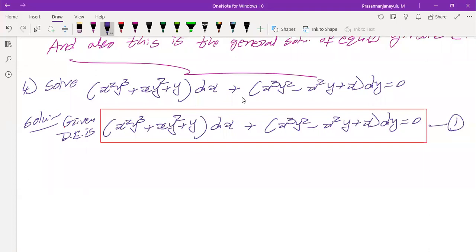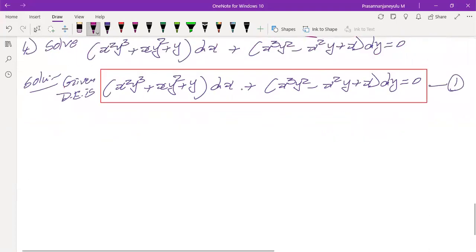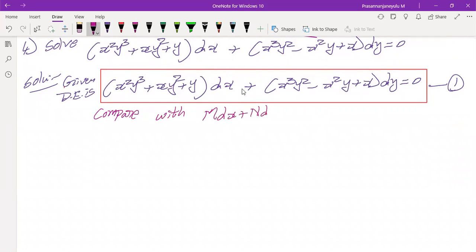So what is the general form of the differential equation? It is in the form of M dx plus N dy. So what we have to do? Same step, compare with M dx plus N dy equals to 0. By comparing this, we can identify the M value.